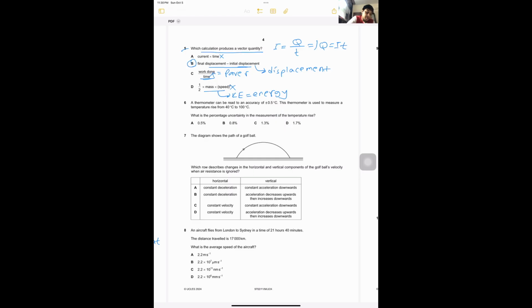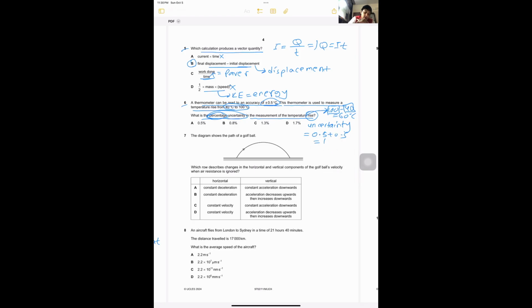Question 6, a thermometer can be read to an accuracy of plus minus 0.5 degrees Celsius. This thermometer is used to measure a temperature rise from 40 degrees to 100 degrees Celsius. What is the percentage uncertainty in the measurement of the temperature rise? So the temperature rise is 100 minus 40, which is 60 degrees Celsius. Since we're using two temperatures, as per the formula, the uncertainty is 0.5 plus 0.5, which is 1.